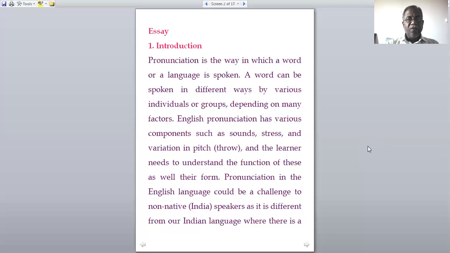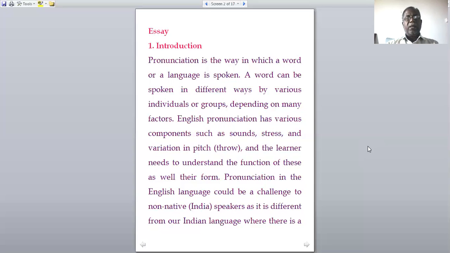Then only, when we interact with any foreigners, they will understand our English, and our pronunciation should be like native speakers. So it's very easy. If you know the classification of the English language and the sound system, and how to spell out and pronounce, definitely you will also speak like native speakers.